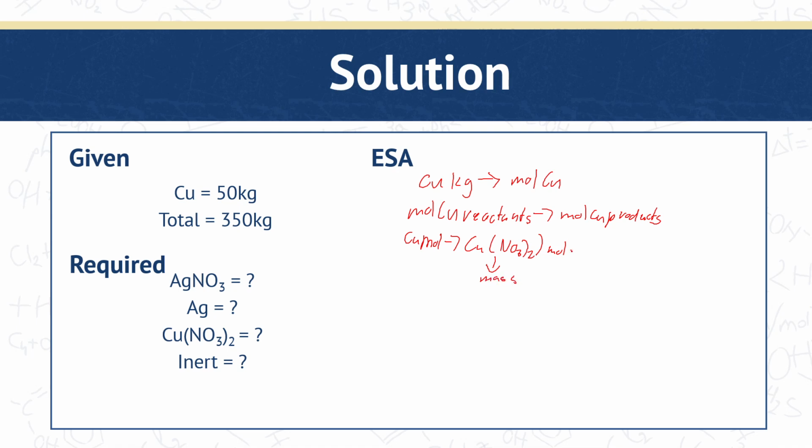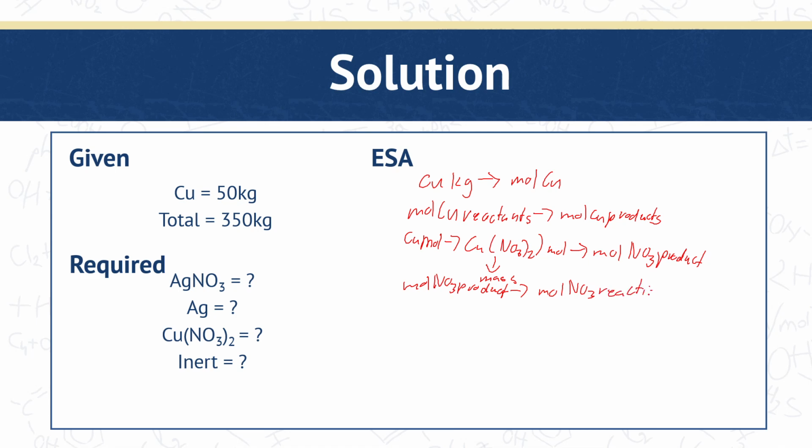We can then turn this copper nitrate into the moles of nitrate inside our product. And since we have our moles of nitrate in product, we can then turn this into our moles of nitrate inside the reactant.